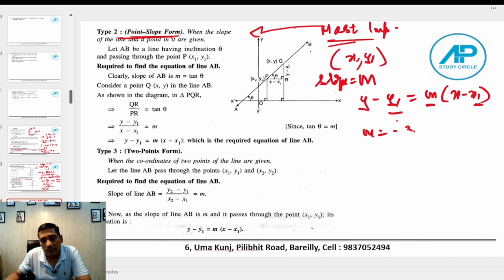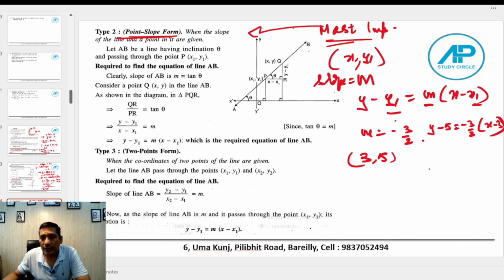So, for example, slope is minus 3 by 2 and the passing point is (3, 5). That gives me y minus 5 equals minus 3 by 2 times (x minus 3). Make it simple: 2y minus 10 equals minus 3x plus 9, or 2y plus 3x equals 19.